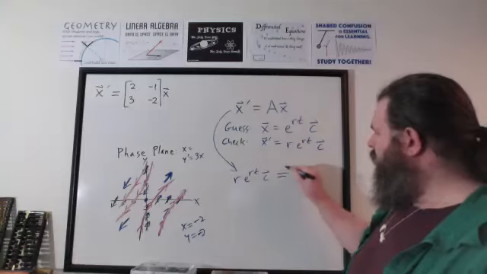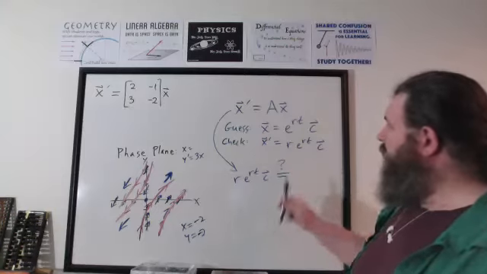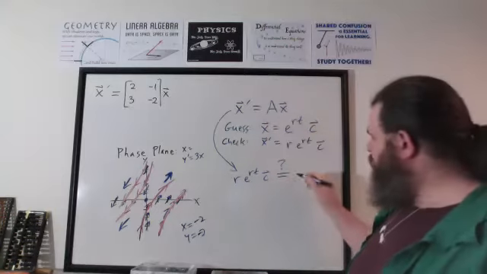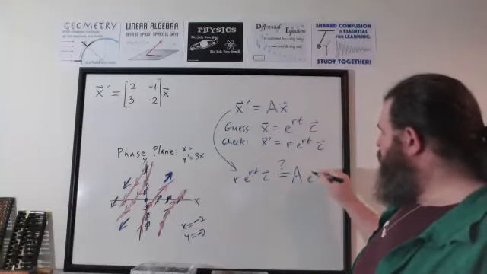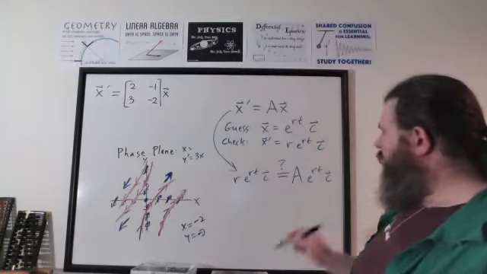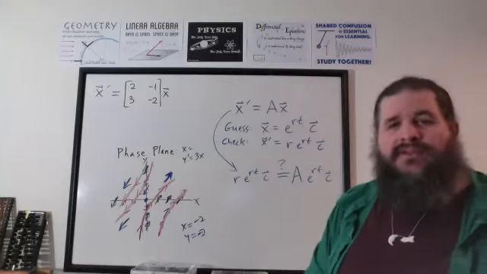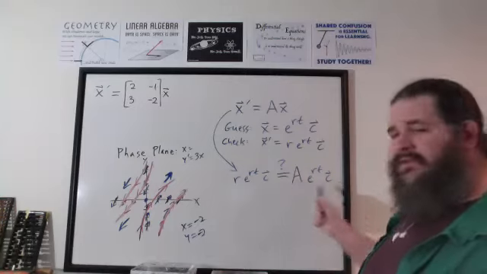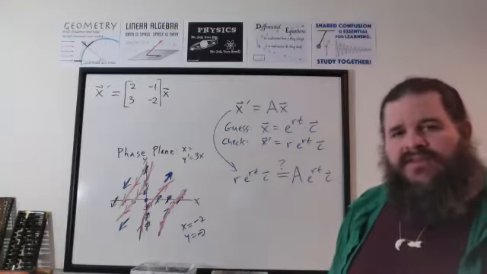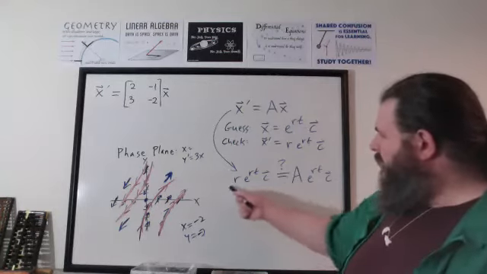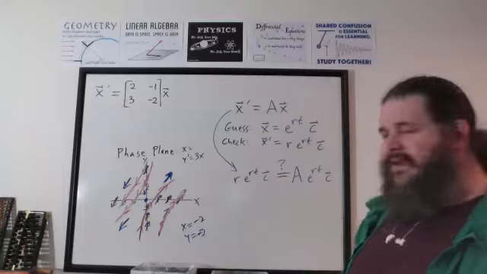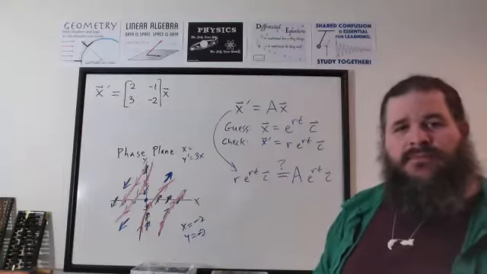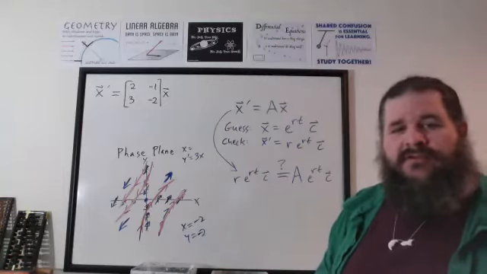That has to equal, or really we're checking, does it equal A times our guess? So we want to know, is it possible for our derivative to equal A times our guess? And this at least seems reasonable. If you multiply r e to the rt times c, you get a vector composed of exponential functions.